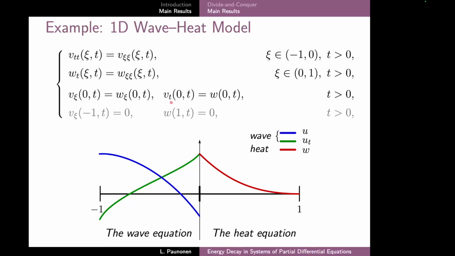And this communication is described by the boundary conditions that couple the two equations. These boundary conditions require specifically that the slopes of the wave profile and the heat profile at the point 0 match, and that the velocity of the wave equation at point 0 is equal to the temperature of the heat equation.